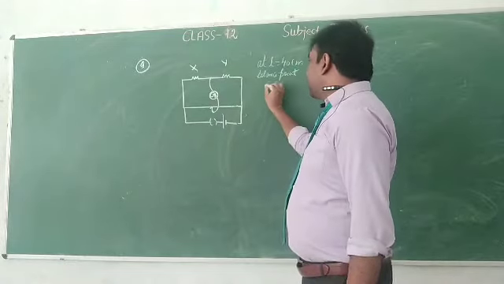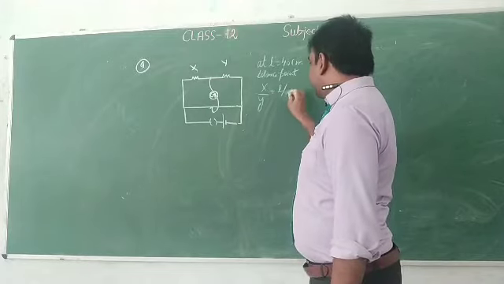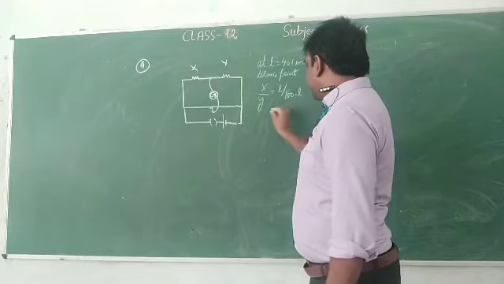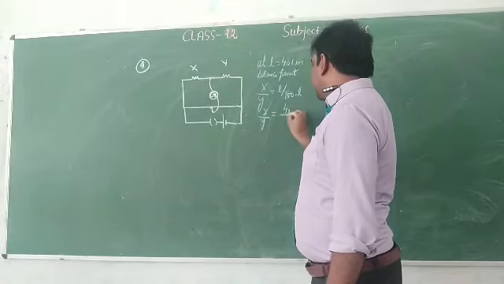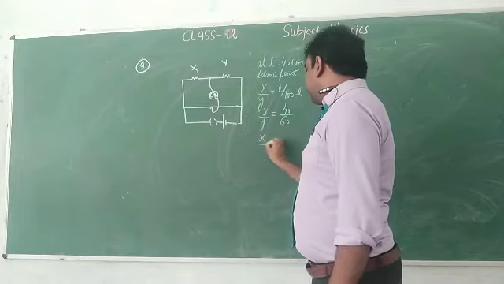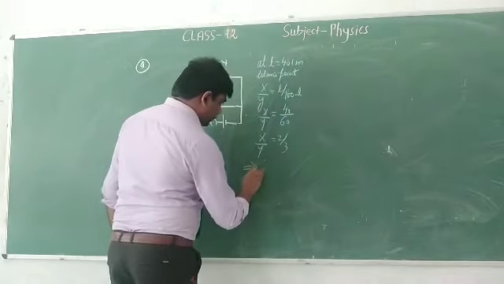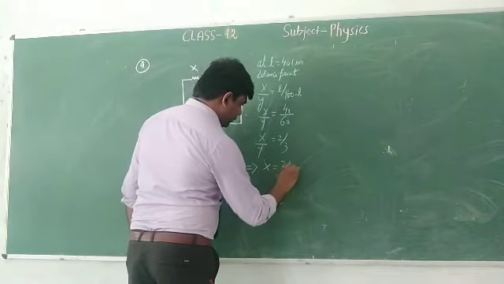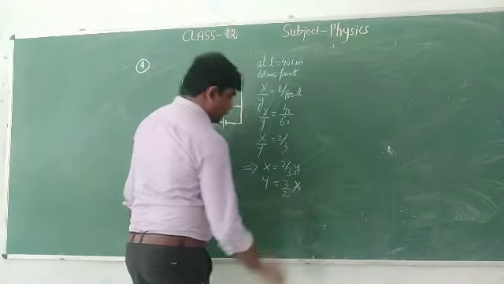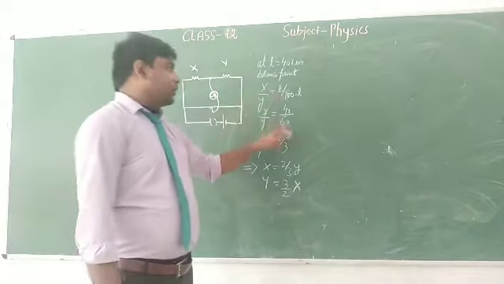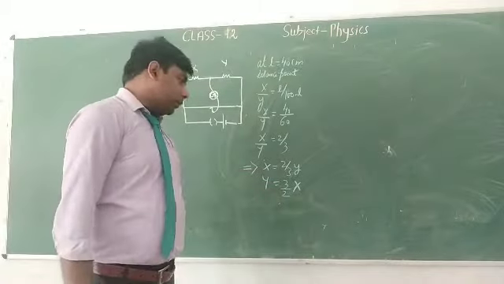So here we can write X by Y equal to 40 by 60. On simplification we get X by Y equal to 2 by 3, that is X equal to 2 by 3 Y, or Y equal to 3 by 2 X.